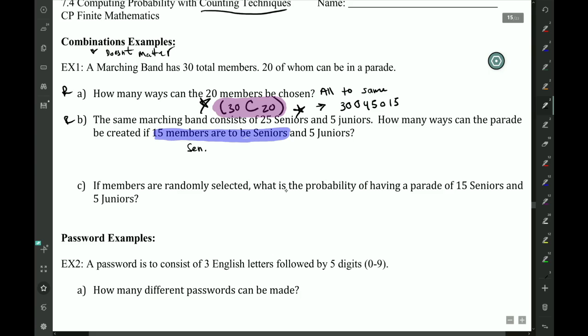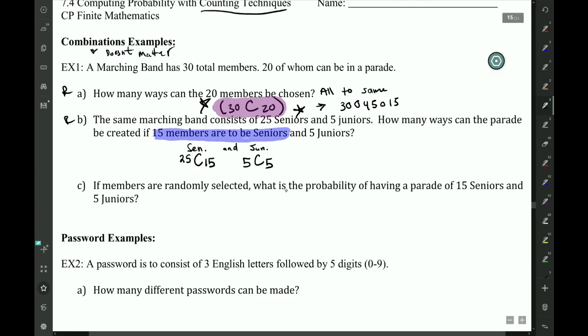There are 25, and I am choosing 15. We also need 5 juniors. To pick my juniors, I have 5 of them, and I need to choose all 5.